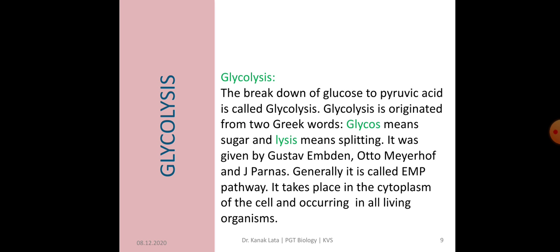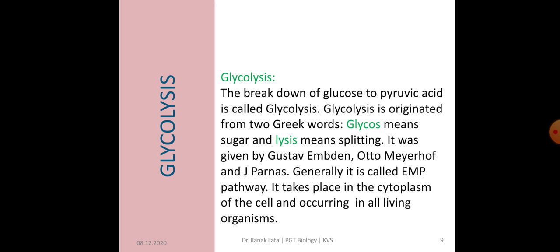In all living organisms, whether they are aerobes or anaerobes, glycolysis takes place in the cytoplasm of the cell. In glycolysis, there is partial oxidation of glucose. Complete breakdown of glucose does not take place; it is broken down into two molecules of pyruvic acid. In plants, glucose is derived from sucrose, which is the end product of photosynthesis, or from storage carbohydrates.